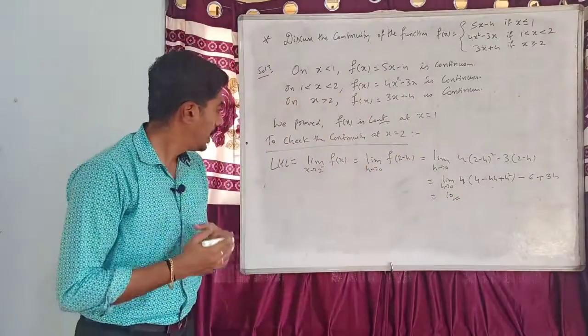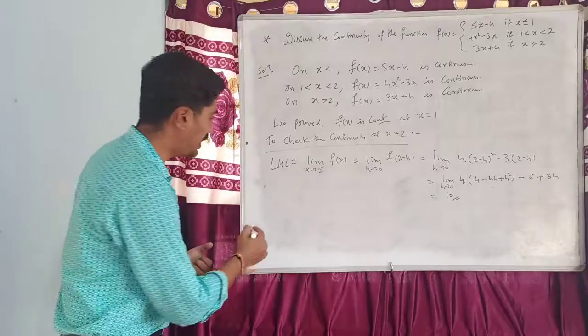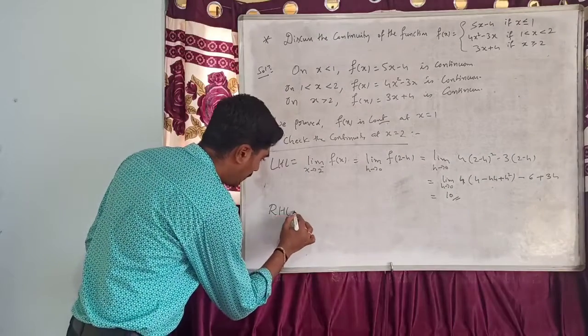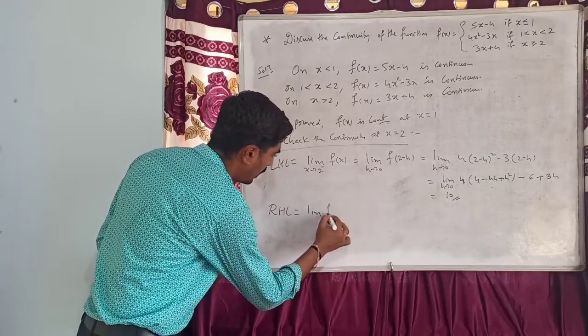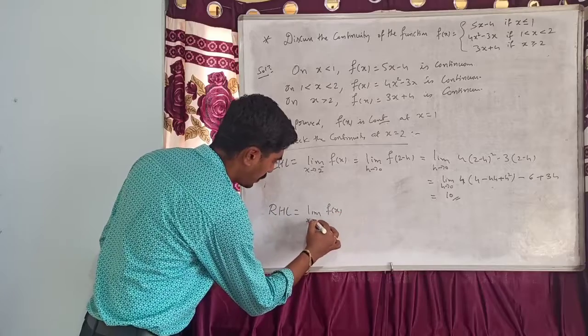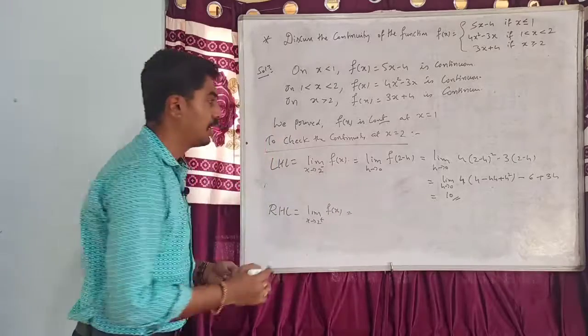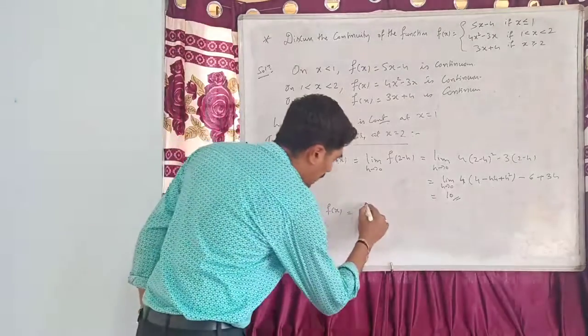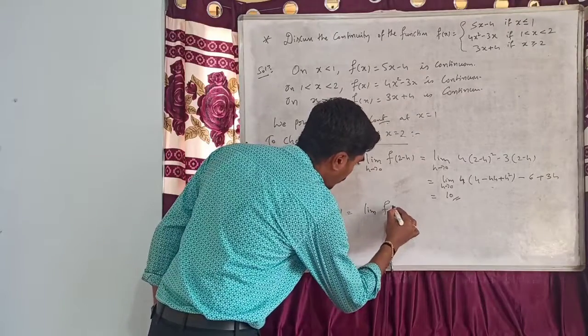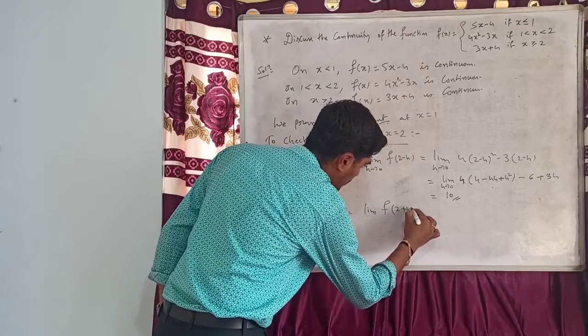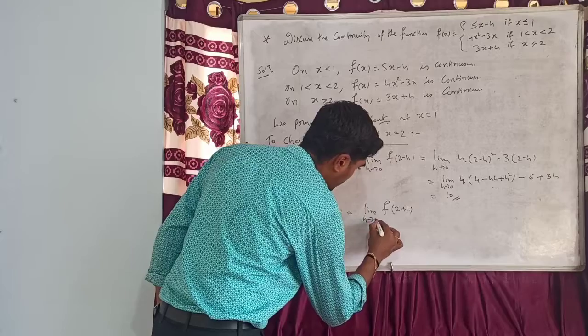Okay. Now let us find out the right hand limit, which is equal to limit of f of x as x tends to 2 plus. This is equal to limit of f of 2 plus h as h tends to 0.